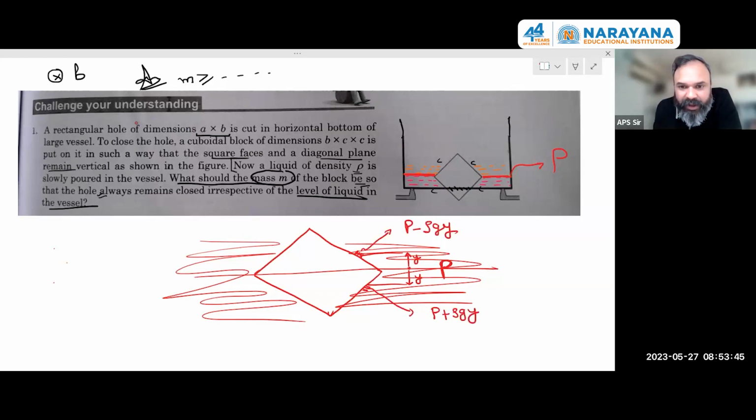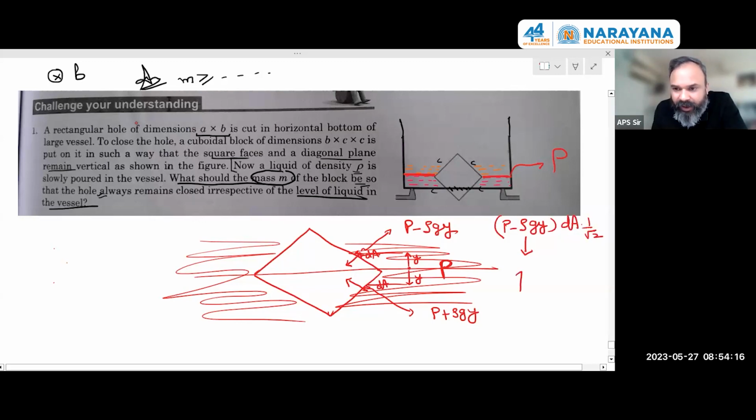So if this strip area is dA and this strip area is dA, the force which will come downside from here, obviously 45-degree angles will be there, and the force which will come upside here, if you just try to find out the resultant, because horizontal I'm not interested, that will cancel. So basically in the downward direction, you will have P minus rho gy into dA into 1 by root 2 factor.